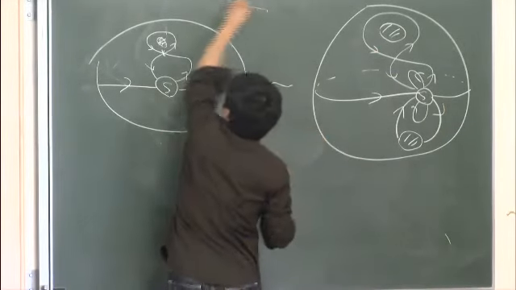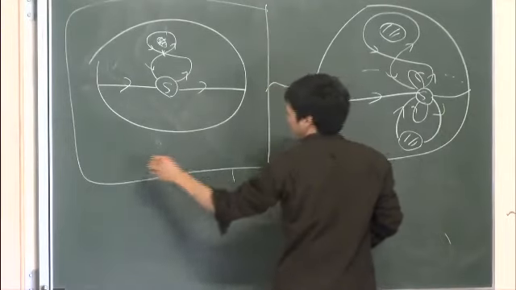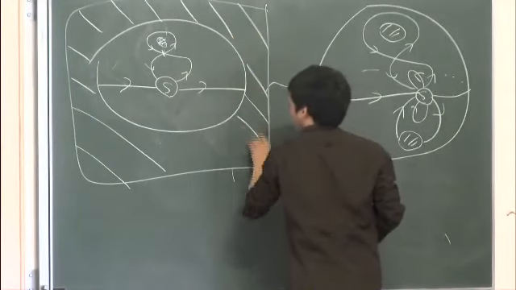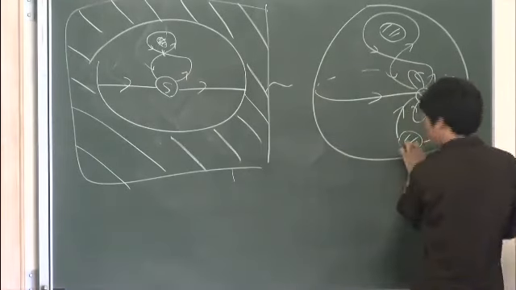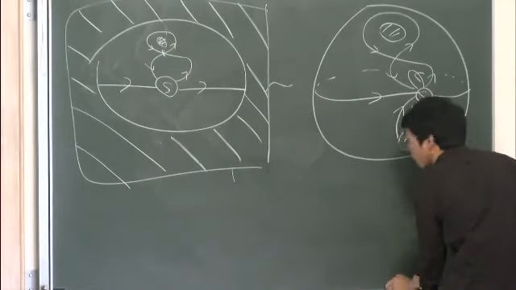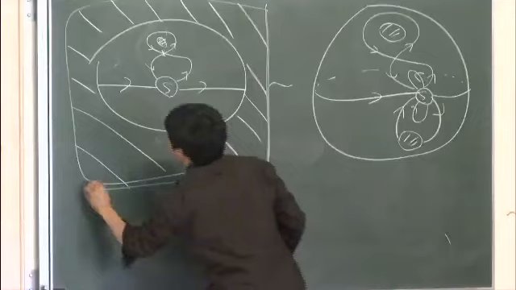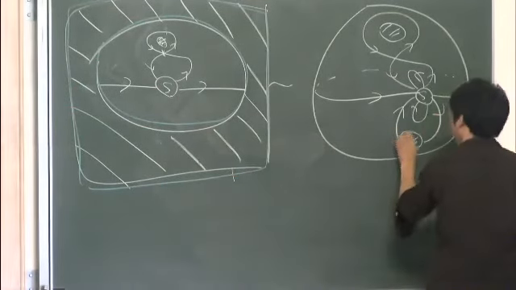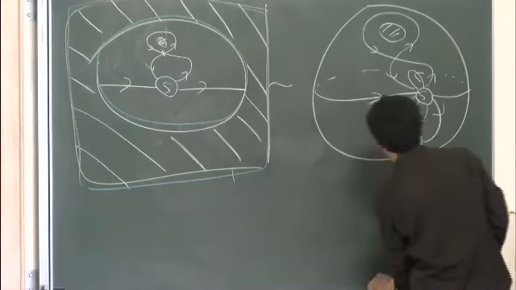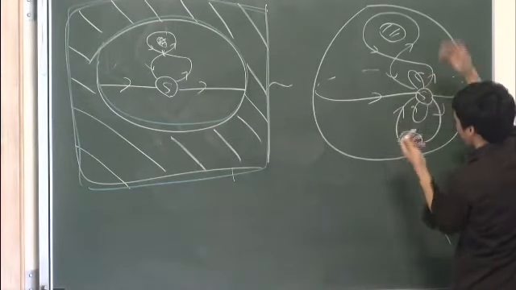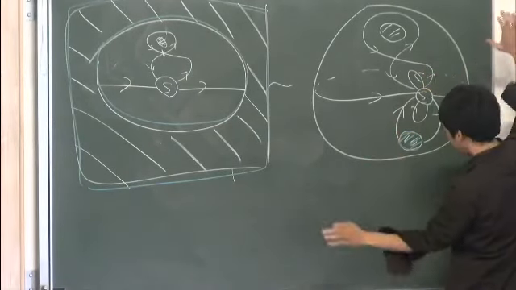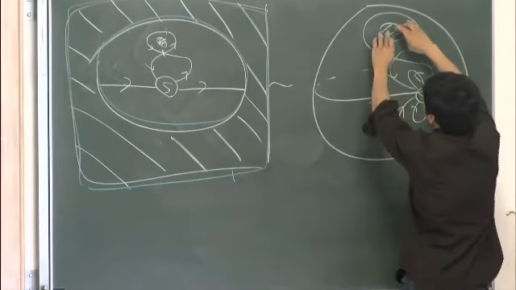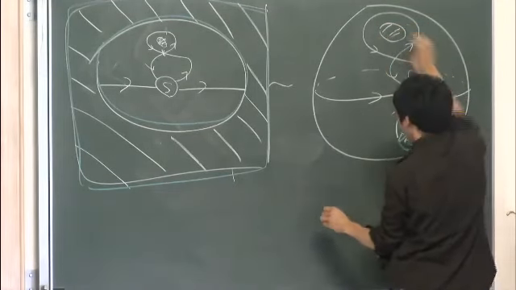We consider the outer boundary, so this becomes this. We reflect this, so this becomes enlarged, and this becomes outside.